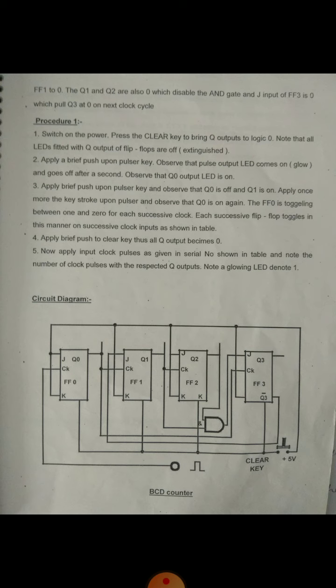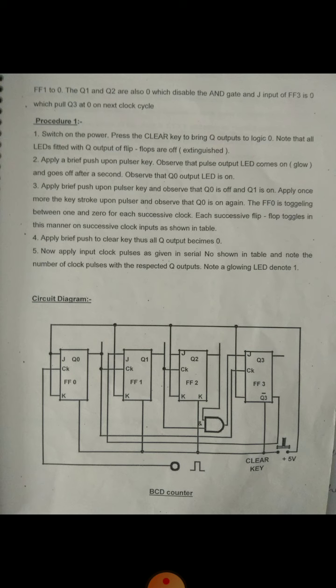You can clearly see the clock to FF3 is fed through an AND gate, which is made high according to your Q1 and Q2. If Q1 and Q2 are high, then the clock will be set for FF3.